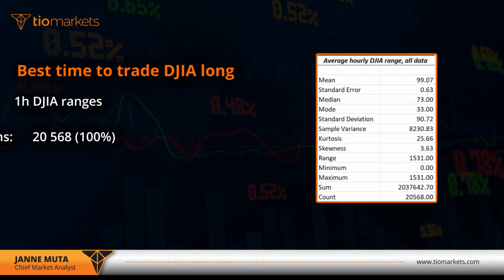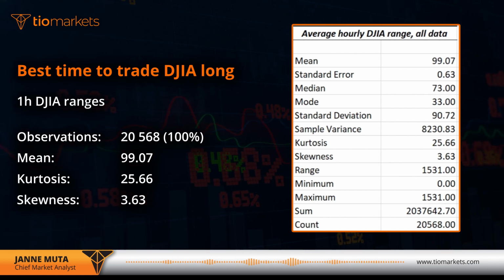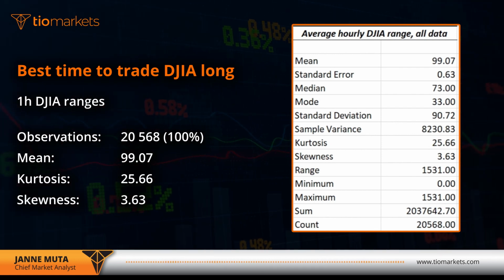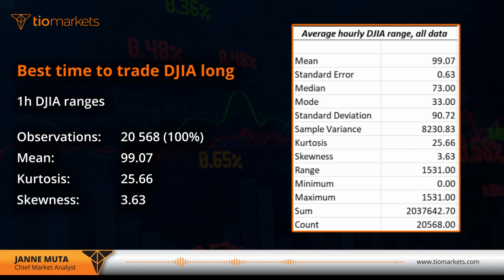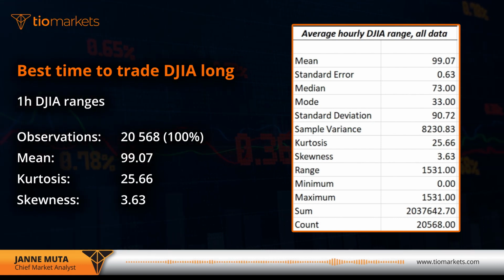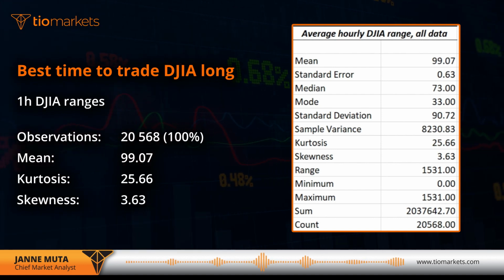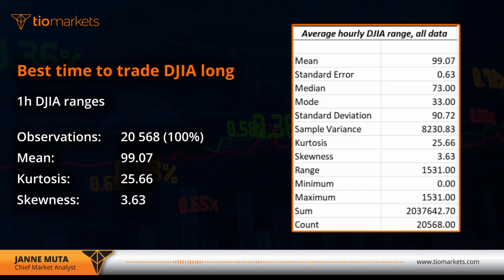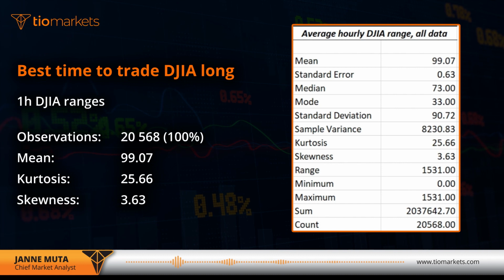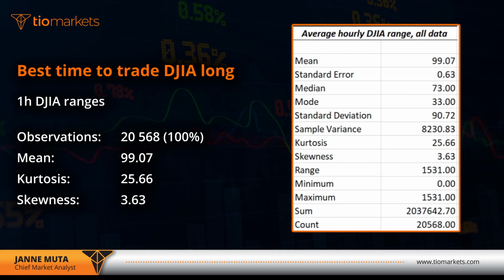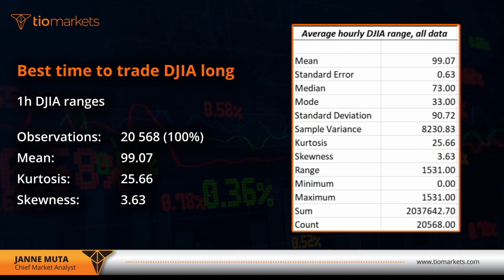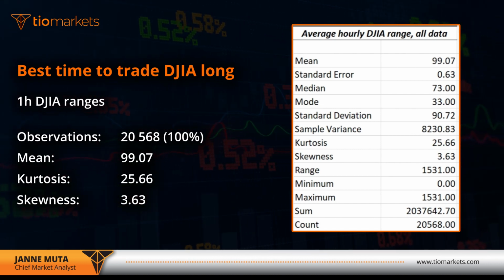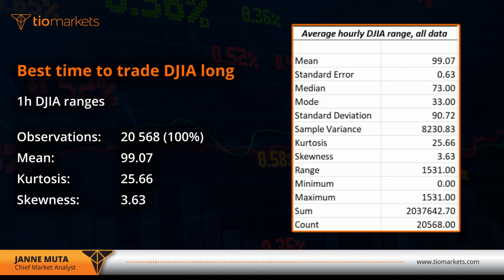Here we are looking at descriptive statistics for all the data, and we are talking about 1 hour Dow Jones ranges. We have 20,568 observations, so all the data is here. What jumps out is that the mean is 99 index points and the kurtosis is 25.66, with skewness as high as 3.63.